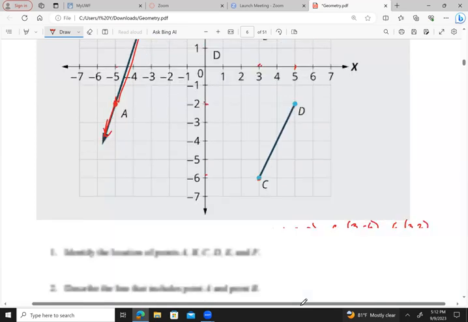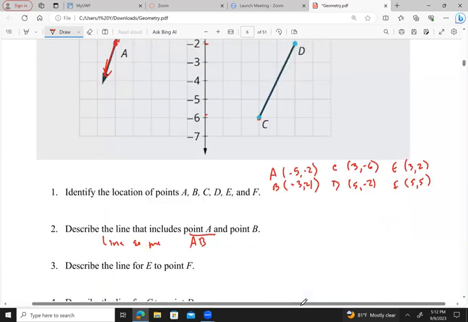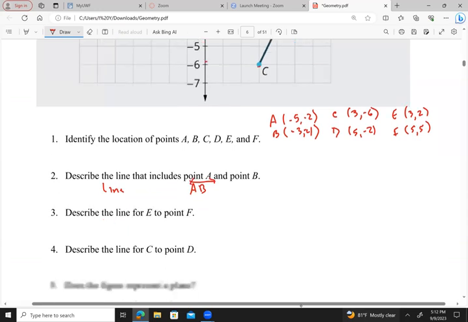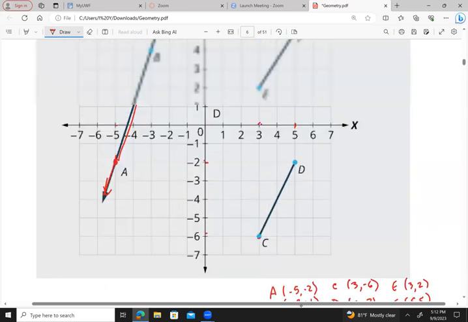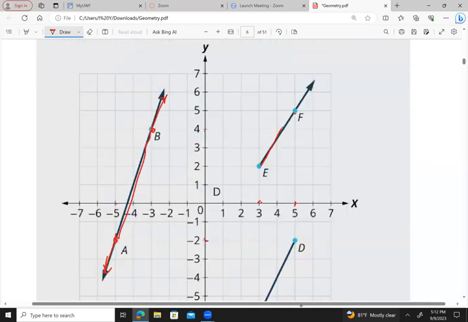Because that would be line A, B, F. The line from E to point F. Yeah, that's got to be it.